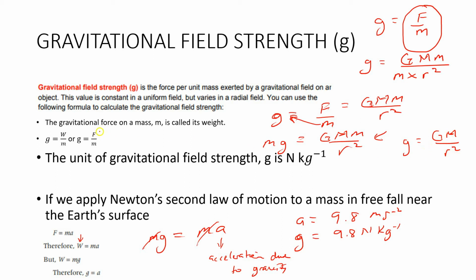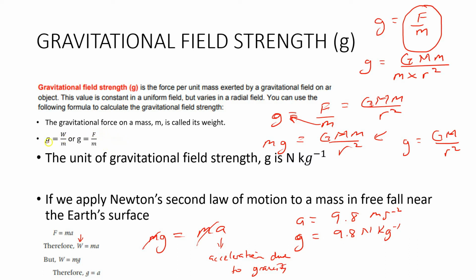Now, one of the things that I want to highlight is that the gravitational force that an object experiences is the same thing as what we call the weight of an object. So whenever we try to measure the weight of an object, we're actually measuring the gravitational force.